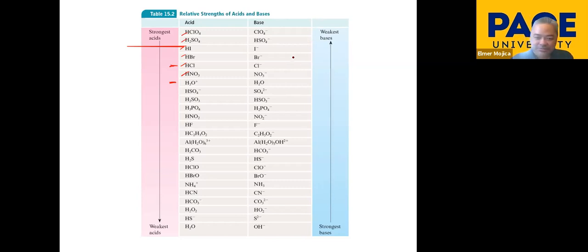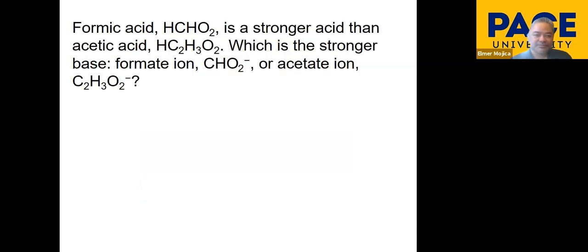Like the next one here. Formic acid is a stronger acid than acetic acid. So which is the stronger base, formate ion or acetate ion?